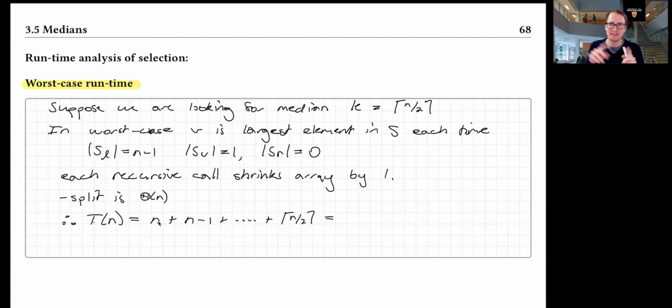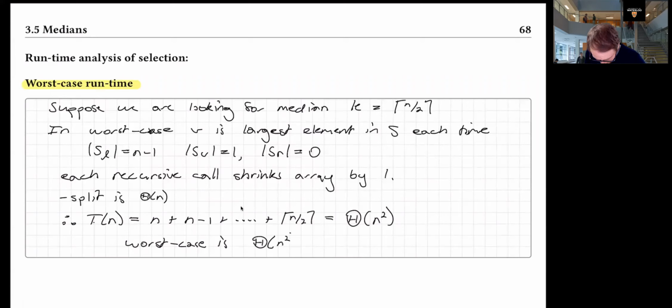So this is at least as big as n over 2 times n over 2, which is n squared over 4. So this is n squared. So the worst case runtime is n squared.